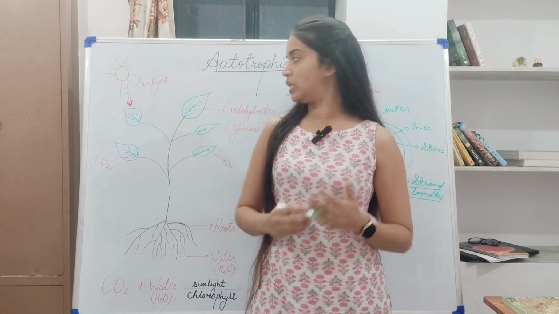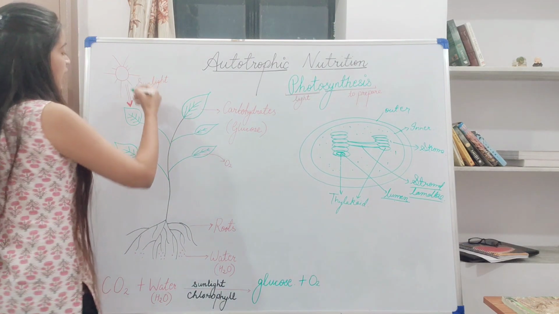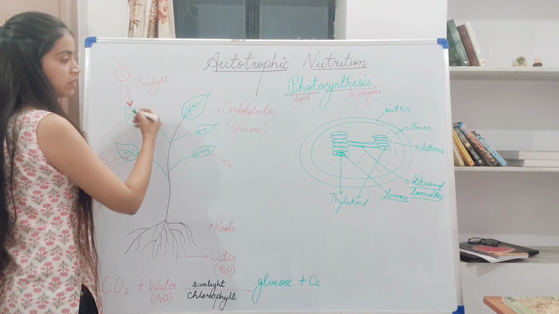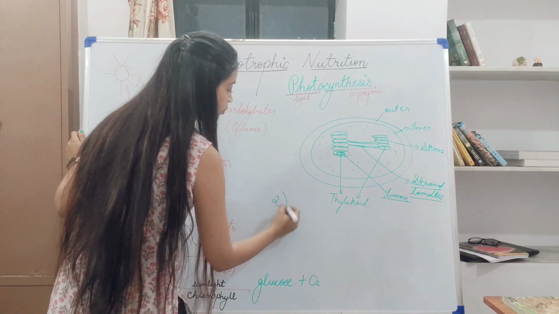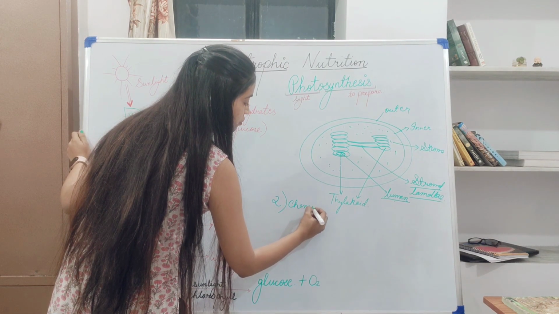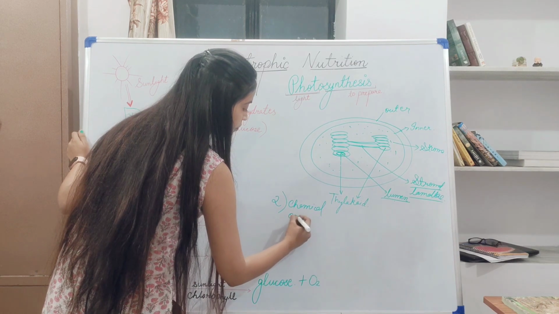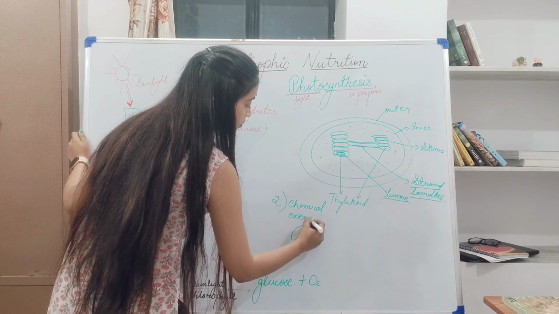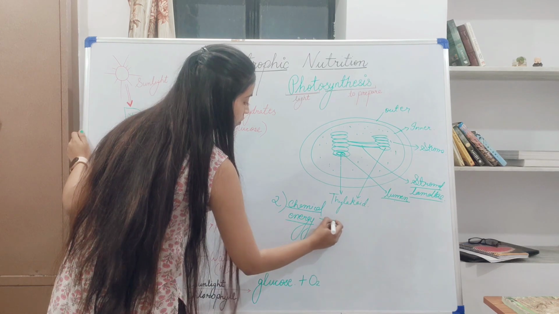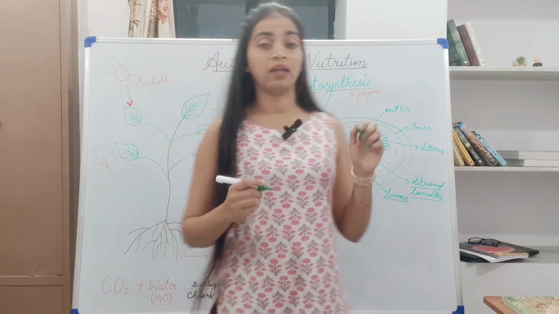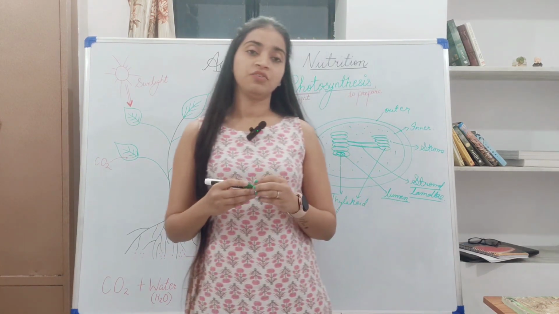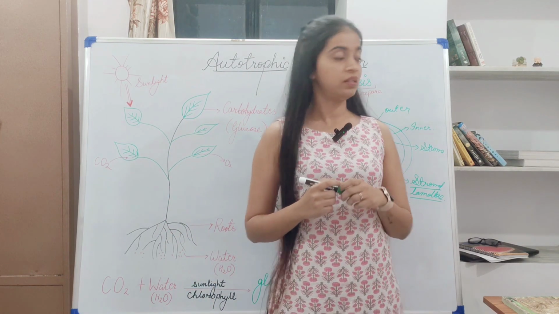Now the second process is, the energy which is trapped by the leaf is converted into chemical energy. So now you are thinking, why is chemical energy required?